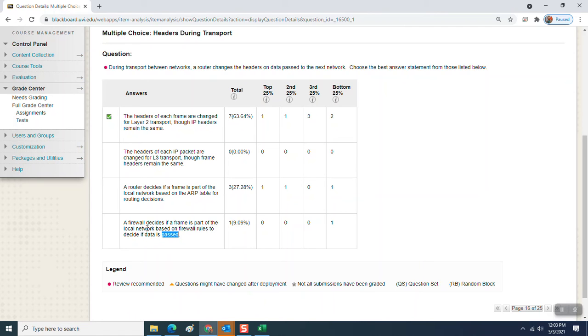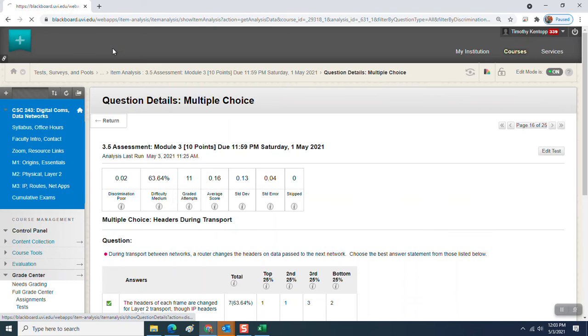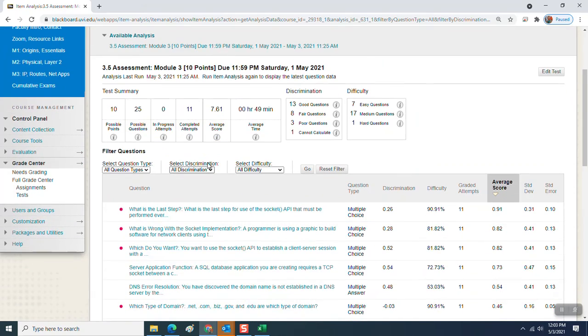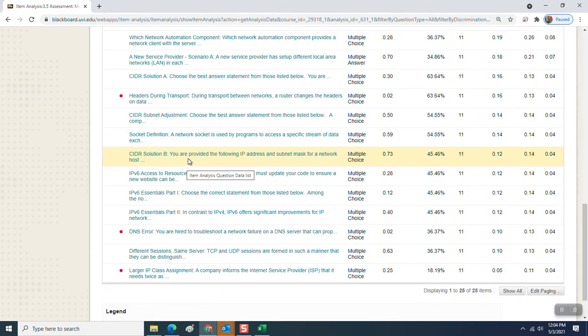So if it's a stateful firewall, it's making some assessment decisions based on the port, but that has nothing to do with the IP packet headers. So this is the correct answer. This is also in your student notes, the slides that were provided by the author, and in our study guide.